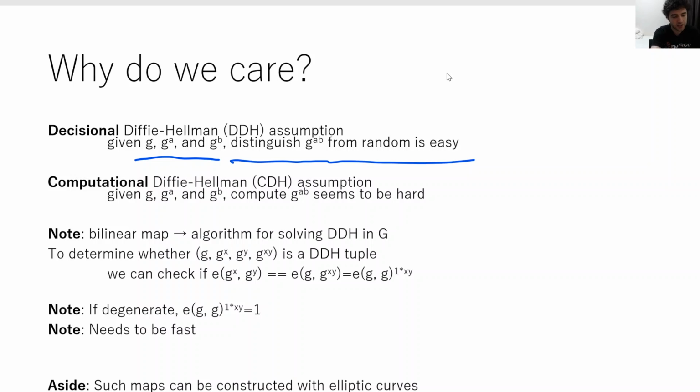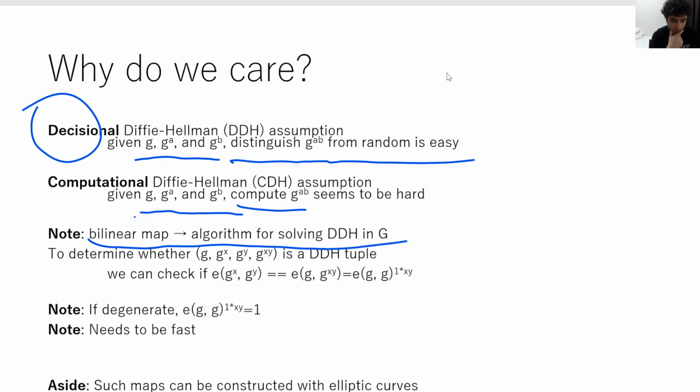Next, we have the computational Diffie-Hellman assumption, which says that given g, g^a, g^b, actually computing g^ab seems to be hard. Now we can note that these bilinear maps give us an algorithm for solving the DDH in G. How does it do that?